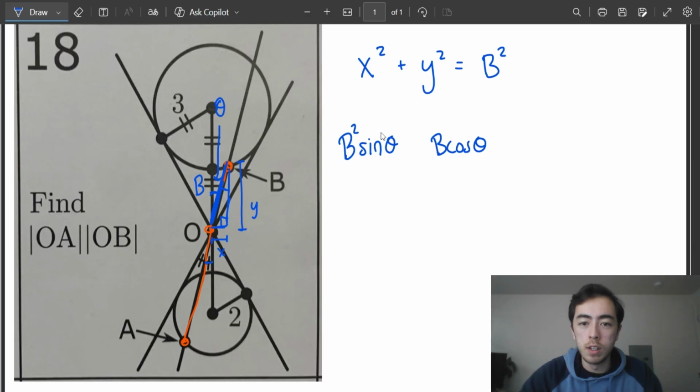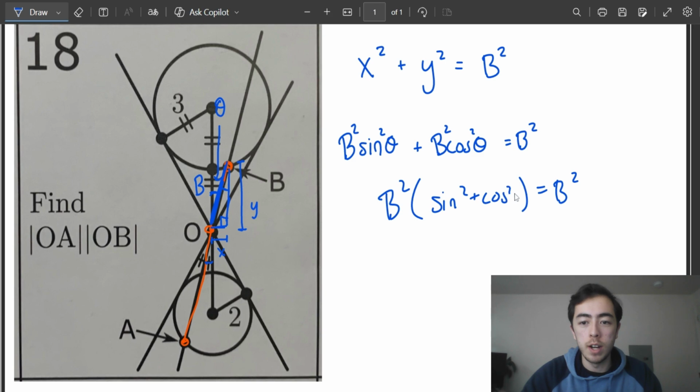I guess I should square all of this. I'm distributing the square, essentially. And then this is still all equal to b squared. And if I think about this in terms of a trig identity, this makes sense to me because I could factor out a b squared, and then I'm left with that sine squared plus cosine squared identity, and this is just the number 1.